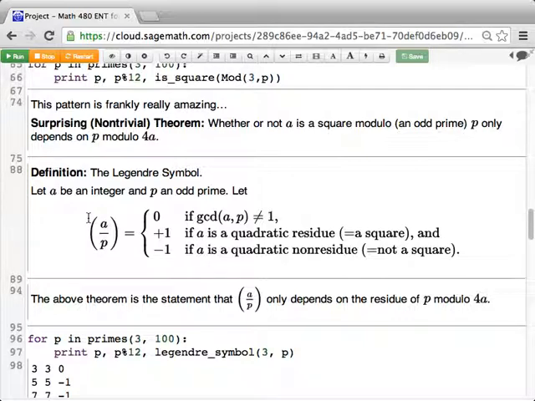It turns out that this is multiplicative in the numerator. Remember multiplicative functions? So if you write A as B times C, then the symbol A over P is the same as B over P times C over P. I will prove that. That's actually the next thing. The thing I keep skipping over is exactly that statement. So once you have that, you factor the numerator, then you have a bunch of primes, and then you can apply quadratic reciprocity repeatedly.